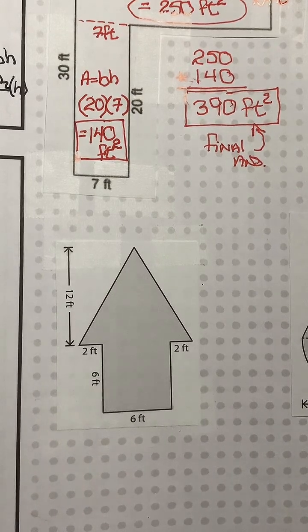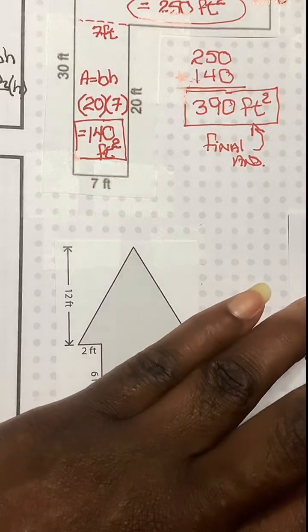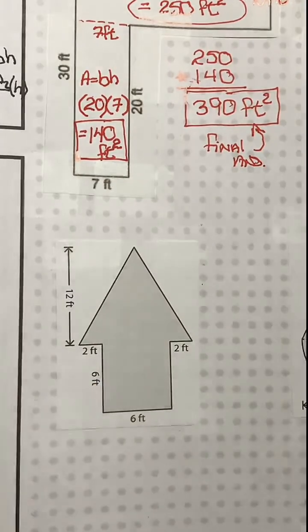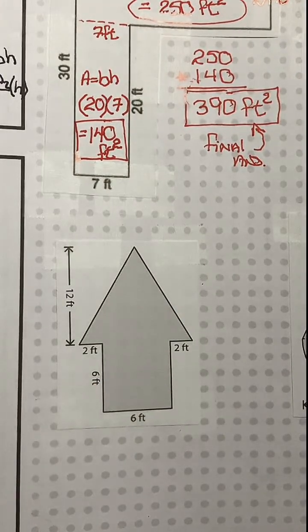So what are we working on today? We are working on compound figures. So we're looking at multiple shapes and trying to figure out the area of each of the shapes.